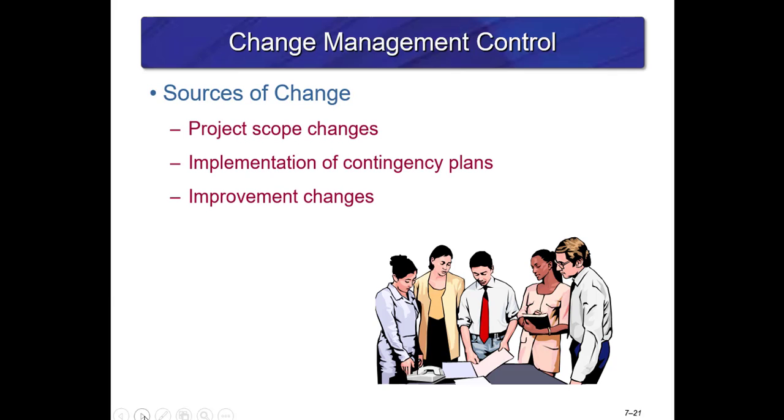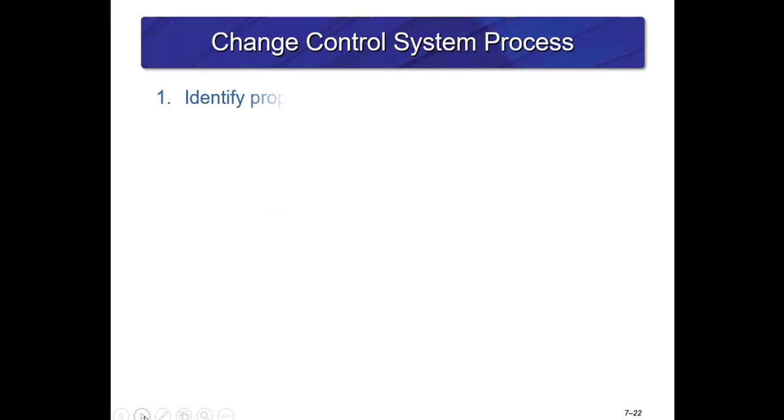This slide shows the sources of change, which can include project scope changes from either the client or business that you're servicing, or within your own company. Implementation of a contingency plan could cause a change in the project, and improvements to make the project work better also represent changes.